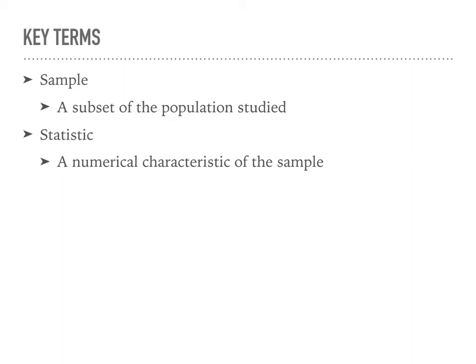So the population being all objects that we're measuring. So it's all objects that are being studied is the population. So the sample is just a subset of that. Now, statistic is going to be a numerical characteristic of our sample. We can use these to estimate the parameters, which are numerical characteristics of the population.